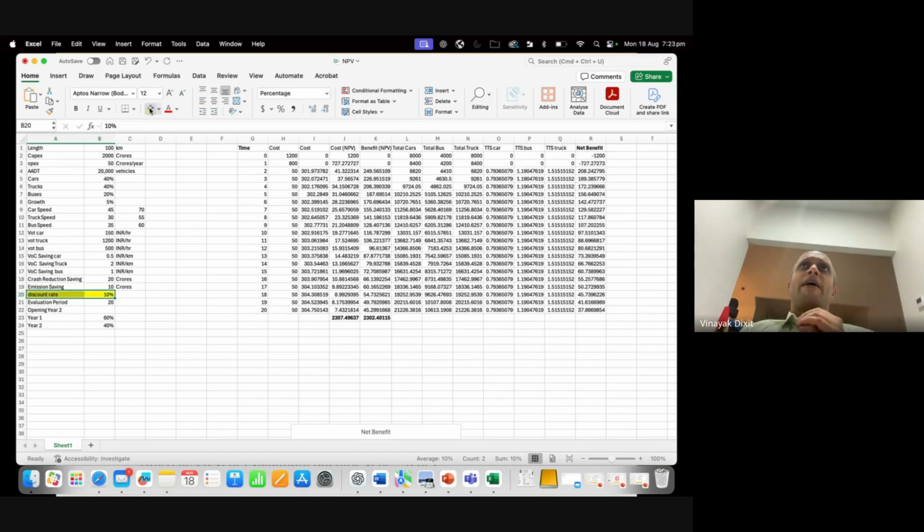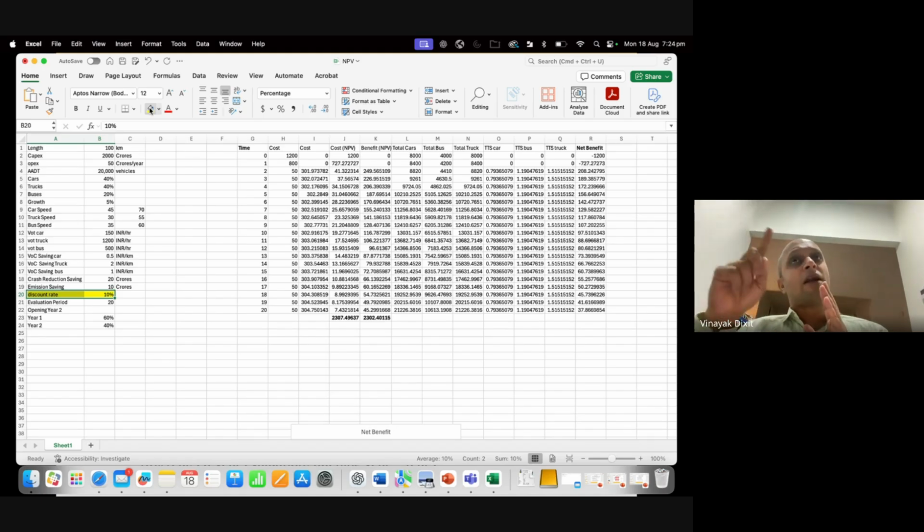So when I look at this discount rate of 10%, if I look at 100 rupees today, and I'm telling you that I'll give you 100 rupees in 2 years, then the 100 rupees in 2 years would be worth 100 divided by 1.1 raised to power 2, 1.1 square.